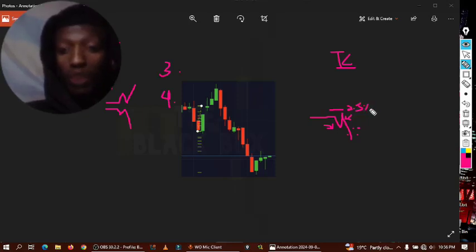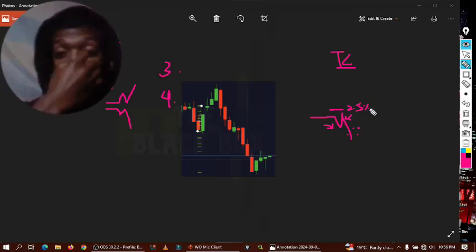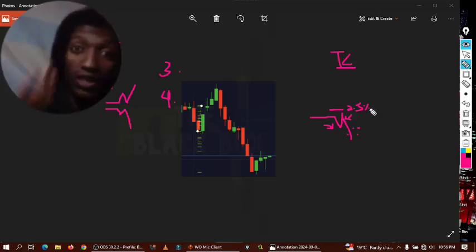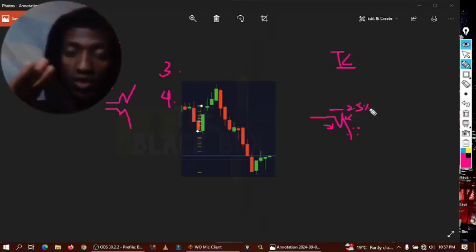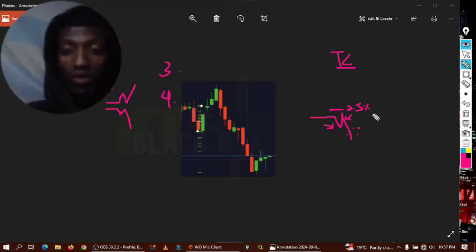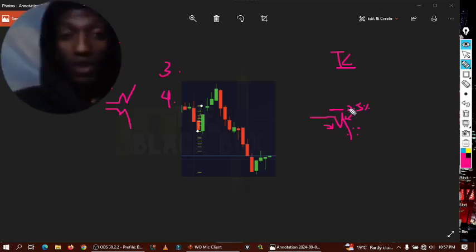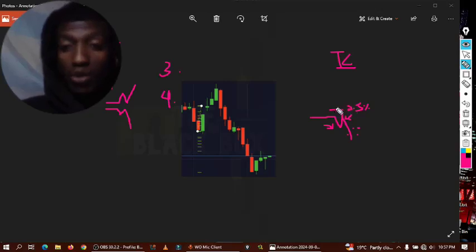That's why we are putting our stop loss up there. That area is a safe zone. It is a safe zone. You can be rest assured, you can be sure that your stop loss won't be touched right there.